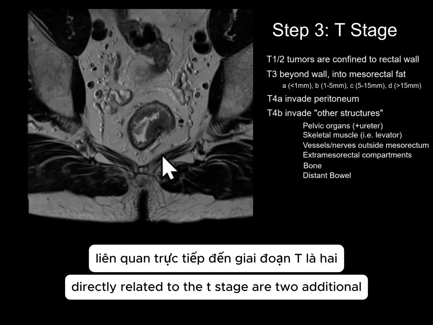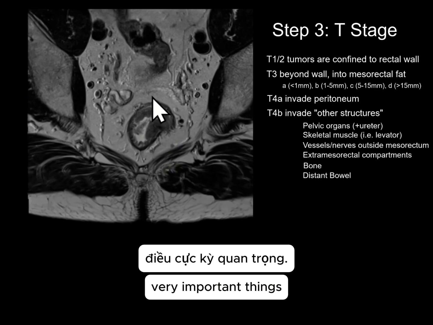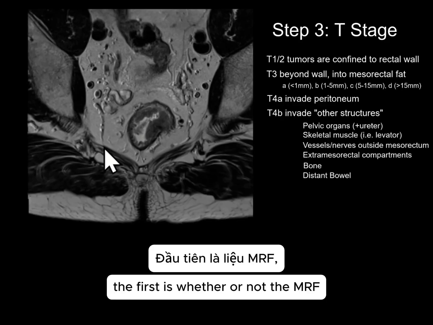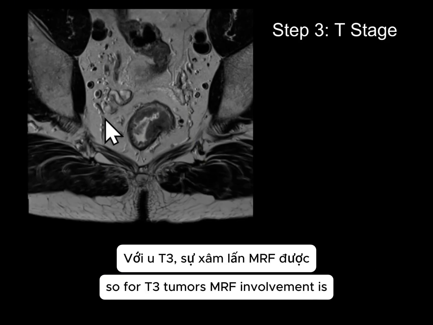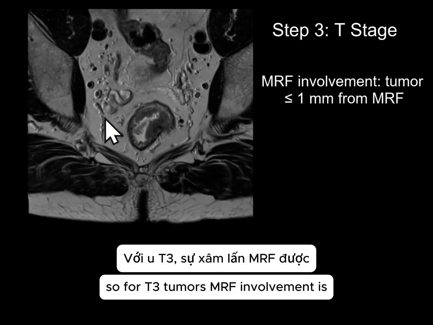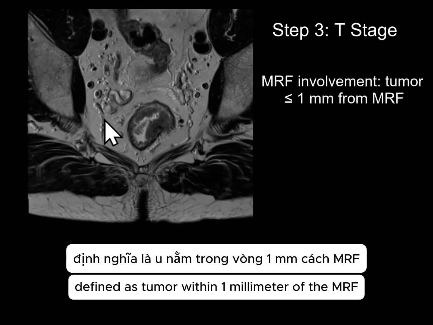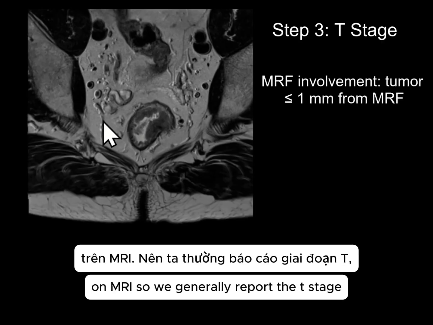Okay, and then directly related to the T stage are two additional very important things. The first is whether or not the MRF, or mesorectal fascia, is involved. For T3 tumors, MRF involvement is defined as tumor within 1 millimeter of the MRF on MRI.